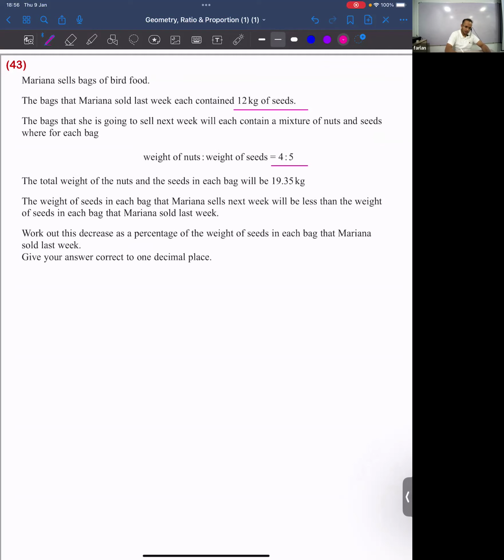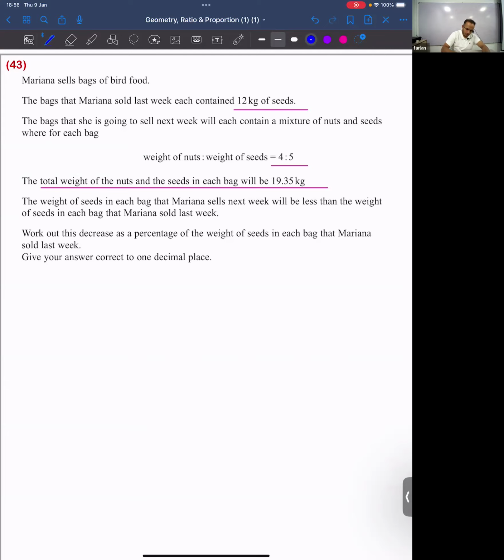The total weight in each bag will be 19.35 kilograms. The weight of seeds in each bag next week will be less than the weight she sold last week. Work out this decrease as a percentage of the weight of seeds in each bag that Mariana sold last week. It's a very simple question. Even though it's a lengthy thing to read, the idea is very simple.